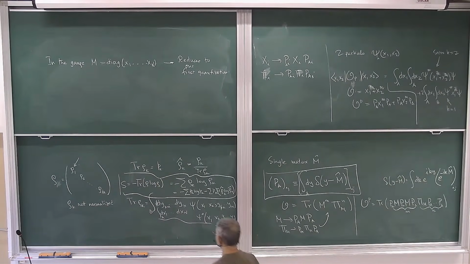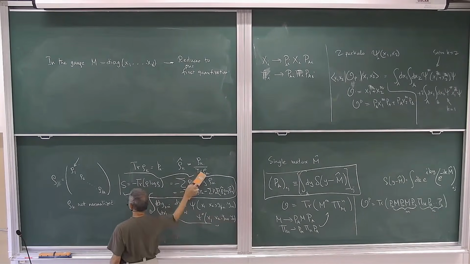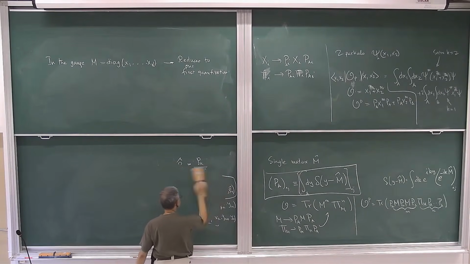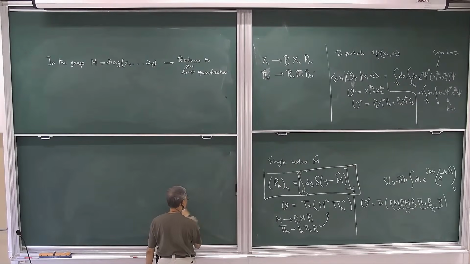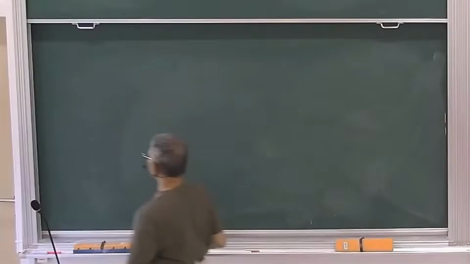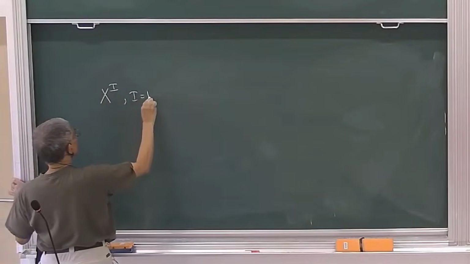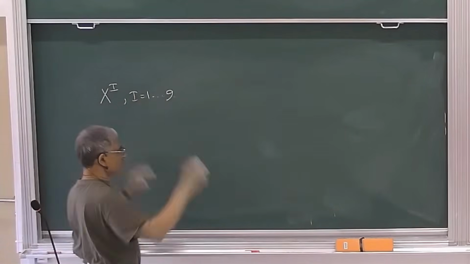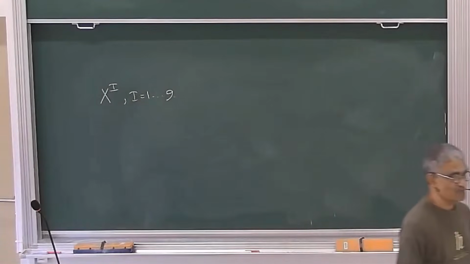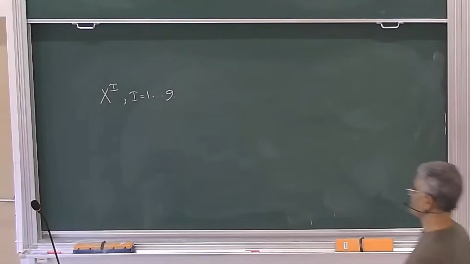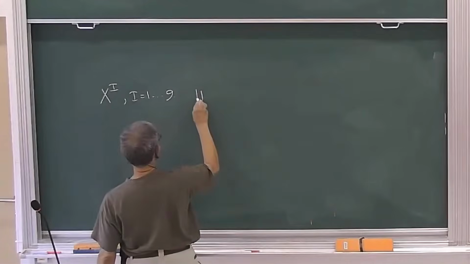There are 9 matrices, X1 to X9. Let me call them Xi. Or 3 matrices, like a mini BMN model, or whatever you want. But you have more than 1 matrix. These are all Hermitian matrices. We take them Hermitian.